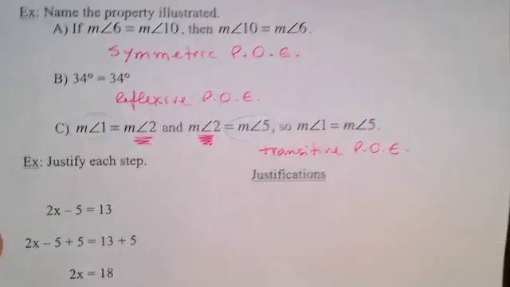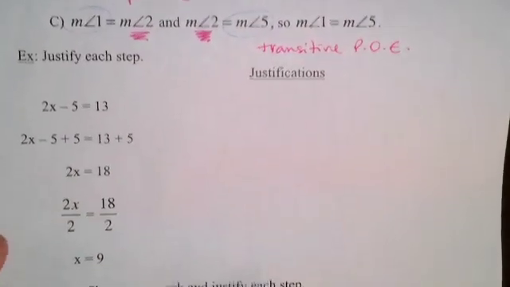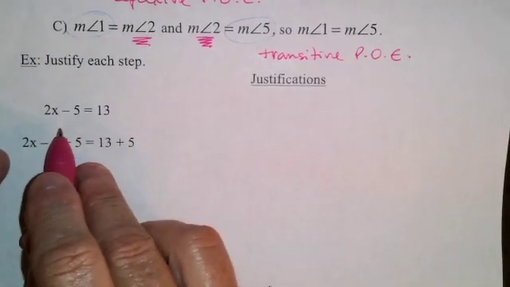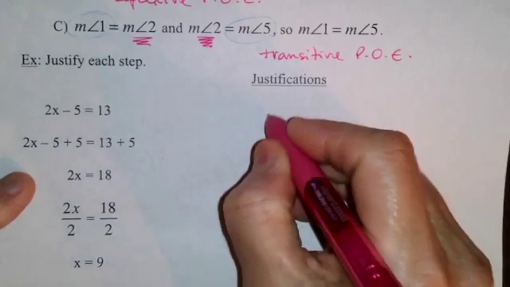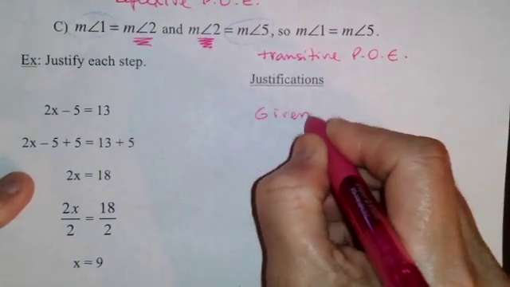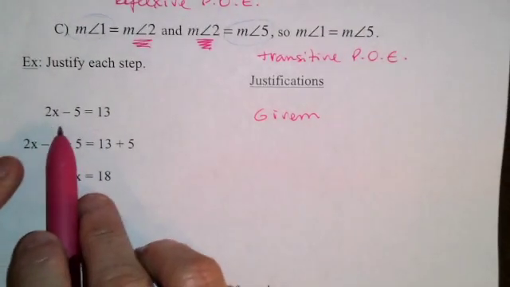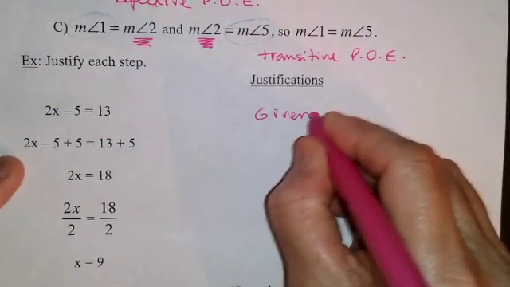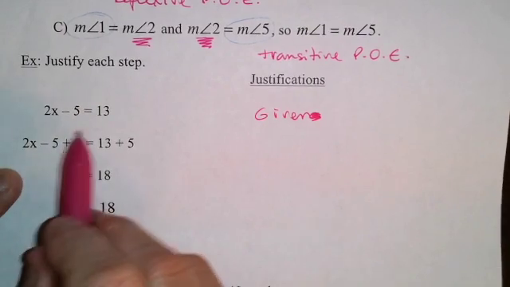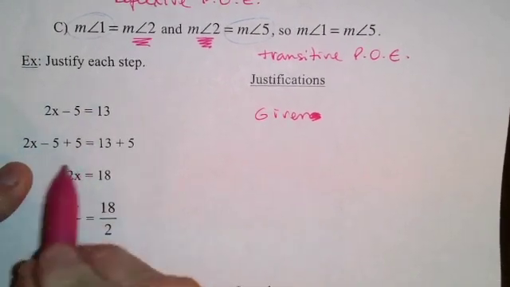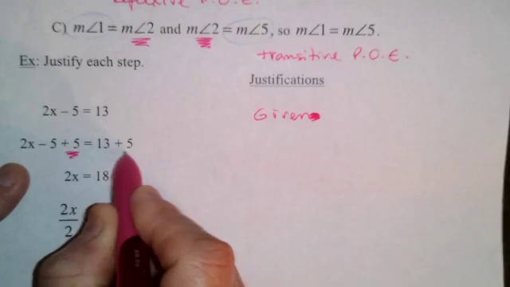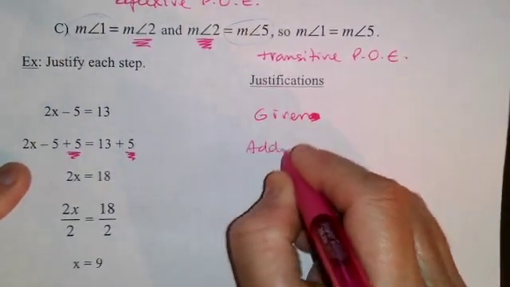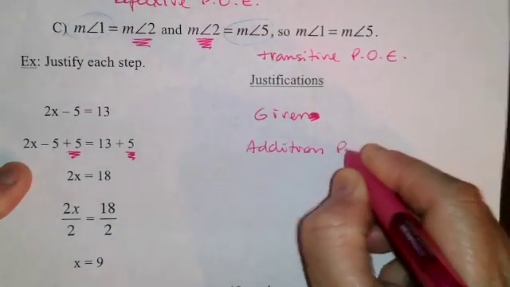So let's look at a proof. You've seen this in algebra. Our proofs are always going to start with a given statement. So we started with 2x minus 5 equals 13. That was given. Sorry, let me spell that. Here, this next step, we are adding 5 to both sides, so that's the addition property of equality.